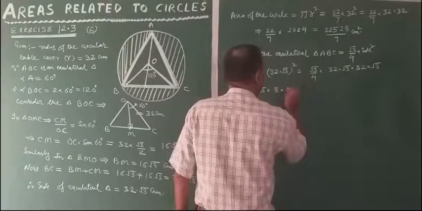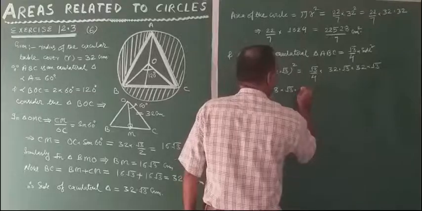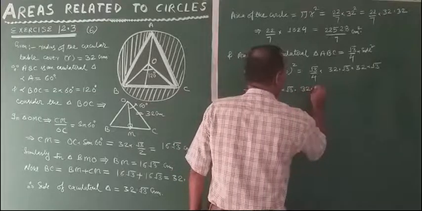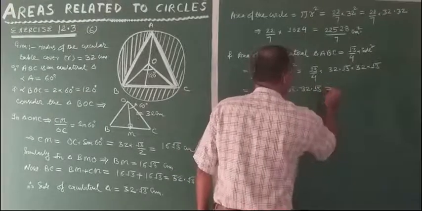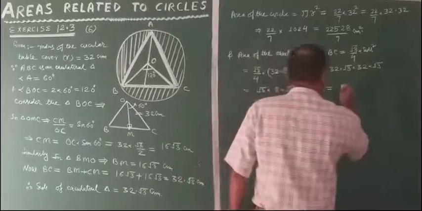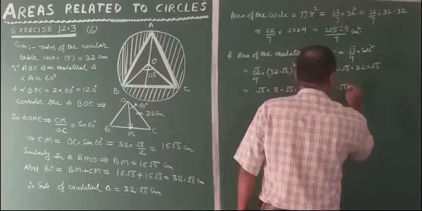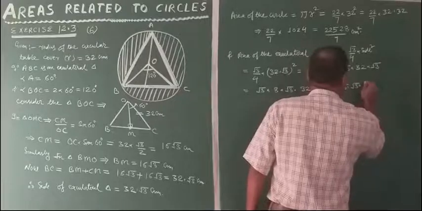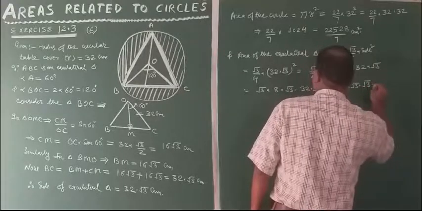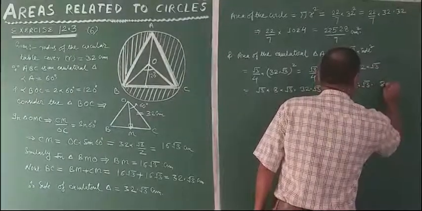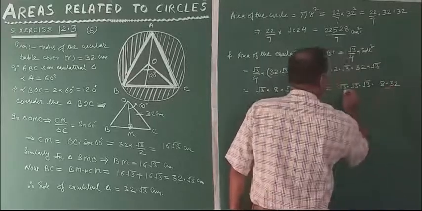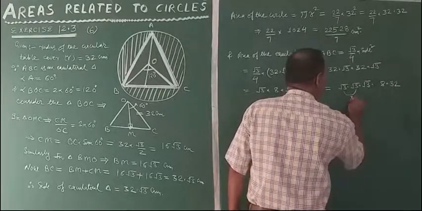Now root 3 is there, 32 is there and root 3 is there. Now what will happen? Root 3 into root 3 into root 3 into 8 into 32. These two root 3 will become 3.